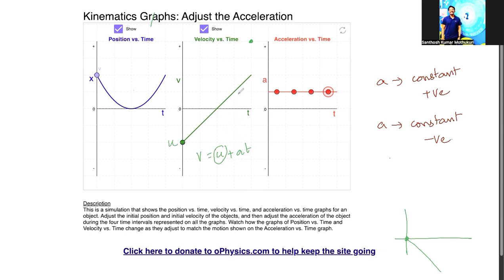And acceleration is the gradient of this particular graph, and t is for time.